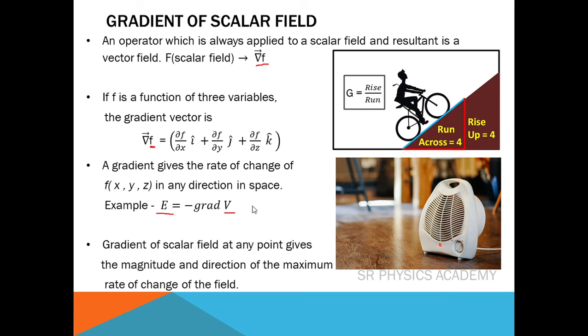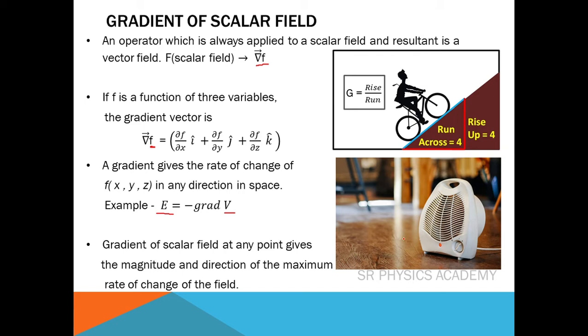The gradient of a scalar field at any point gives the magnitude and direction of the maximum rate of change of the field. Just now I told you the gradient means the change in height by the change in horizontal distance. Now take the example of a room heater.